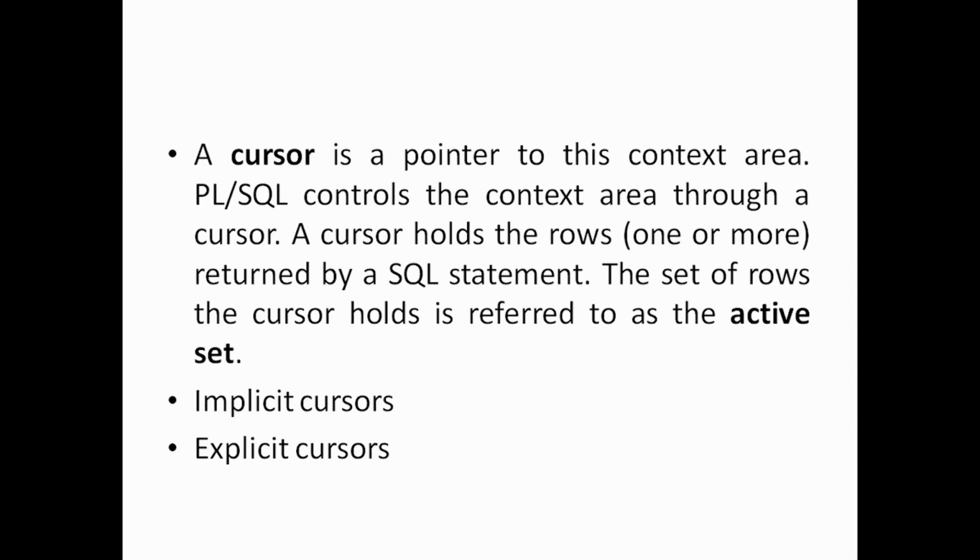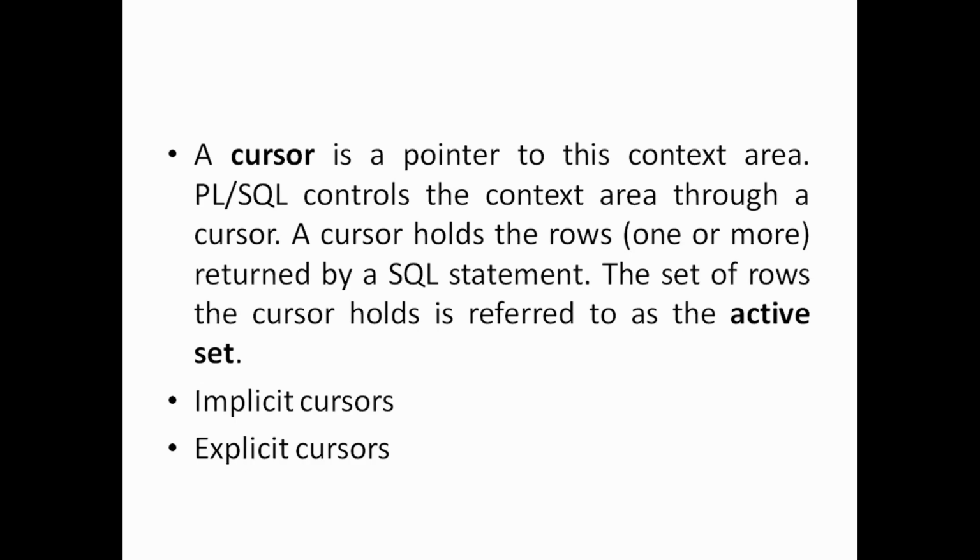We have a lot of queries in DBMS: insert query, update query, delete query, alter query, truncate query, drop query. Whenever every query executes in command statements or DBMS software, it creates some memory allocations. That memory allocation is called the context area.